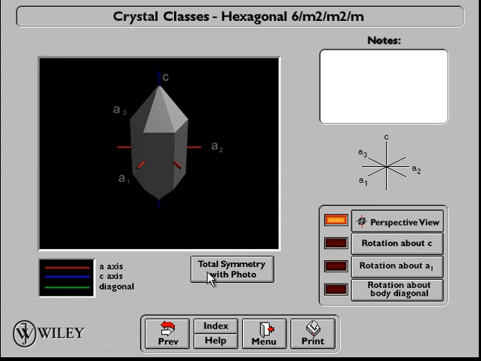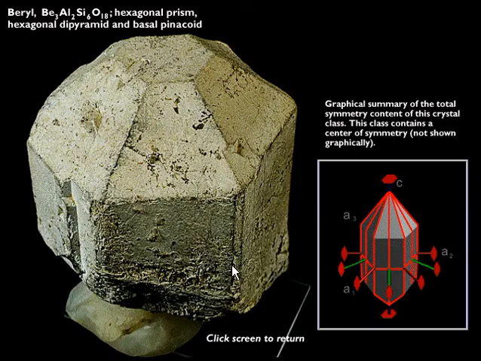So now we are starting again with the total symmetry with a photo. Here we have a beryl crystal, which forms a hexagonal prism, a hexagonal dipyramid, and a basal pinacoid.